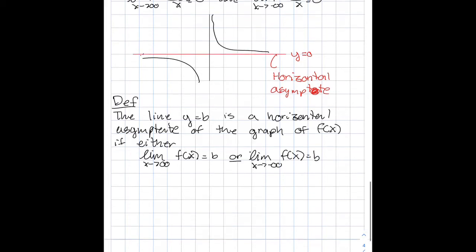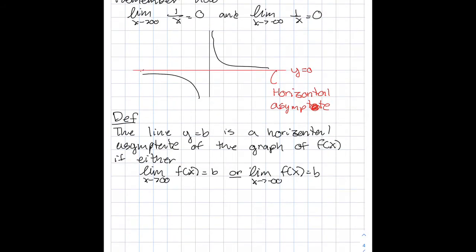So in our case above, both of them equaled 0, so y equals 0 is a horizontal asymptote.